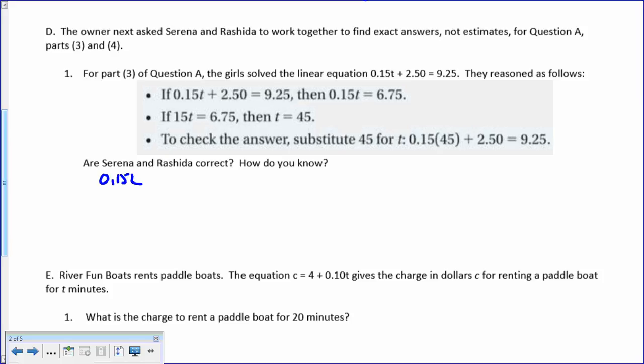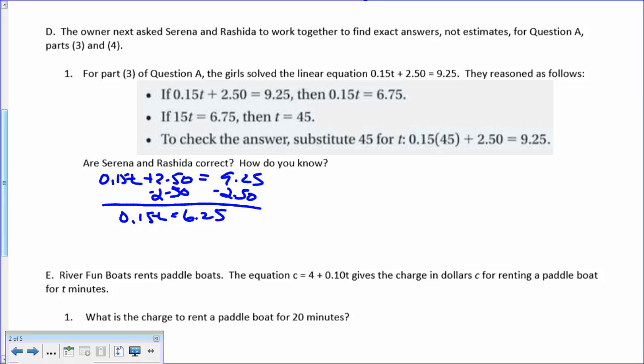They had the equation from above, and from what we've used before, plugged in 925 for C, subtracted the 250. We did this work already, but I'm trying to show you this is kind of how they do the gray box. So that's what they get right here. Then they divide both sides by 0.15 and get T equals 45 minutes.